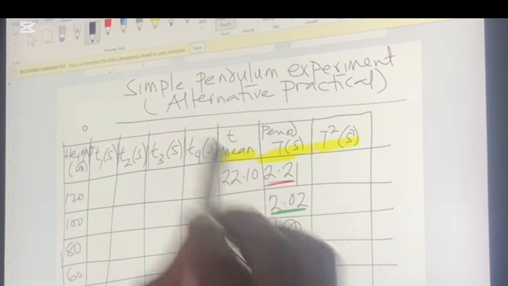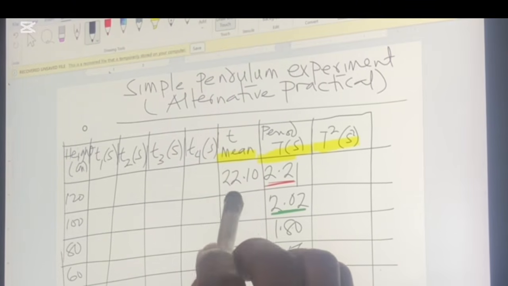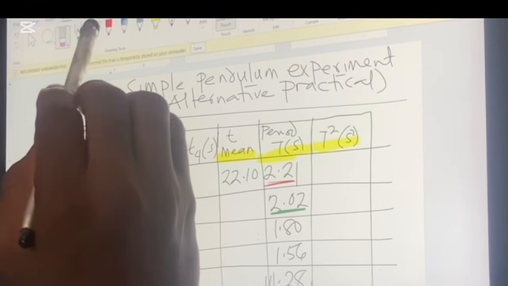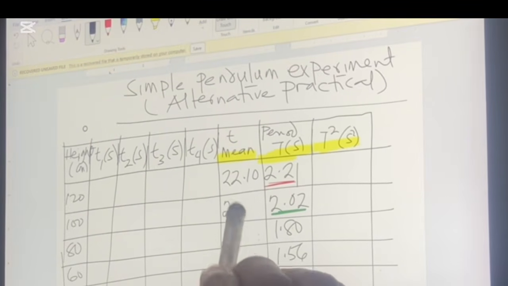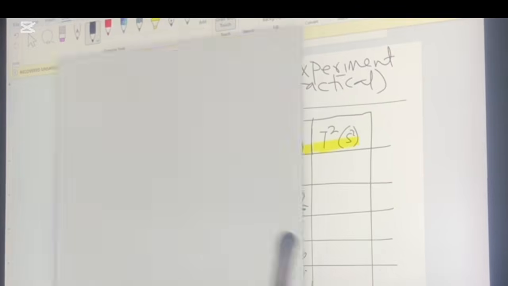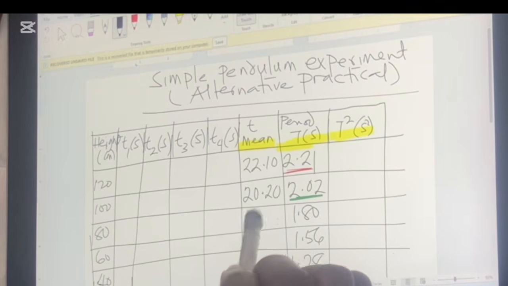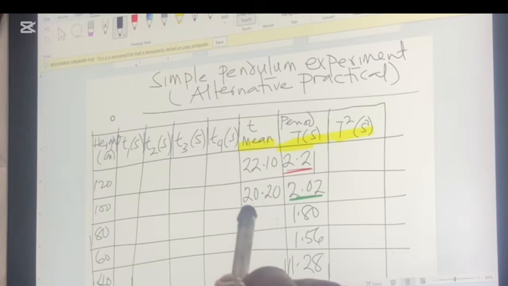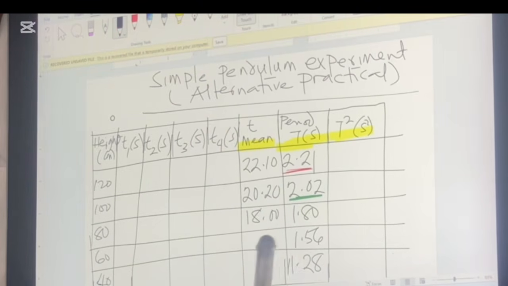This is 20.20. This one will be 18.00. This one will be 15.60.